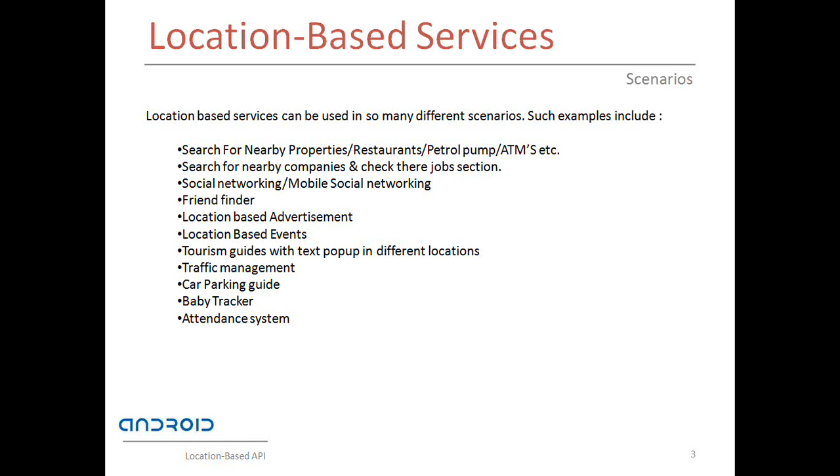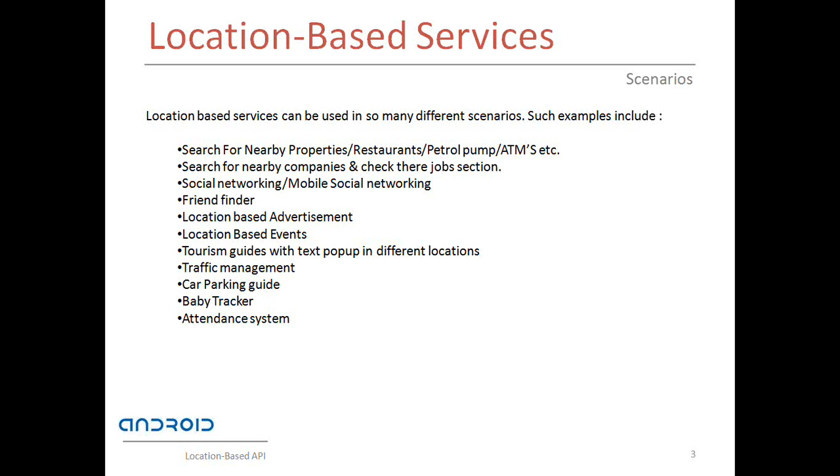Similarly, in location-based events, if you are moving nearby a hotel and some events are occurring there, then you can get a message or notification from that hotel because of your location, since you are nearby that hotel. Next thing is tourism guides.